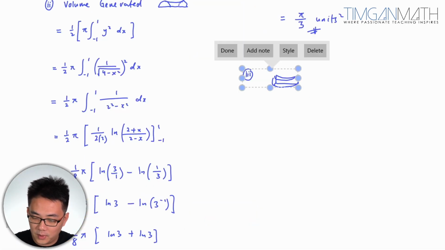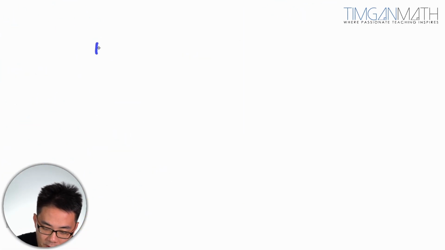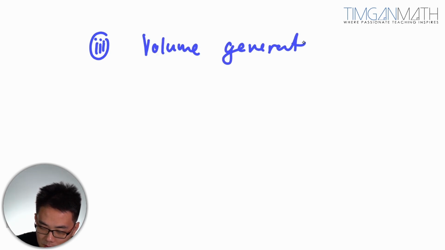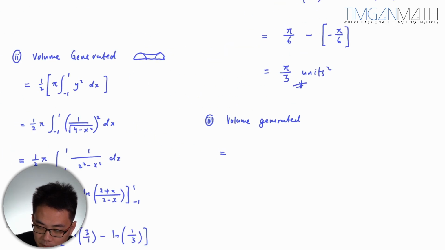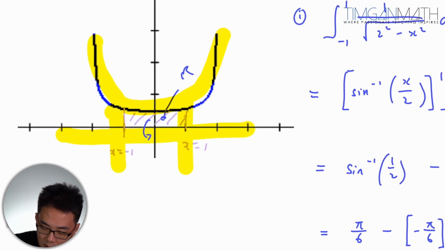Okay, so I need to explain part 3. For the volume generated, you need to minus off this portion here.